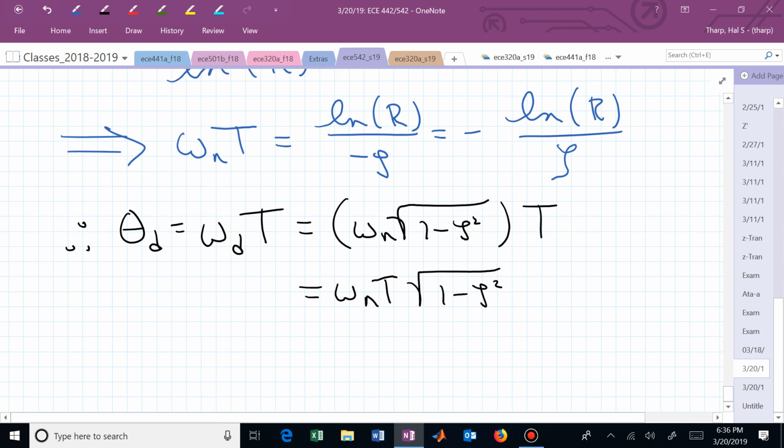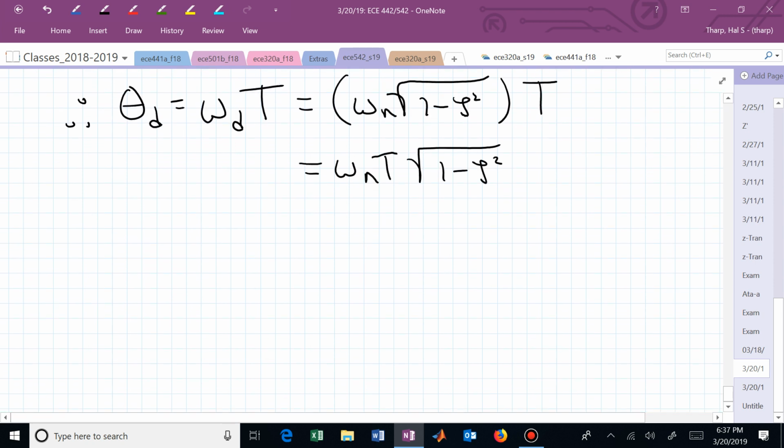We now know what omega sub n t is from above in blue. And now we've eliminated the natural frequency and the sample period, and we have an angle description in terms of r and zeta. R we have from settling time, zeta from percent overshoot.